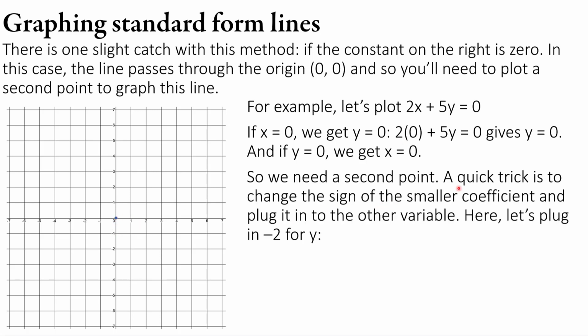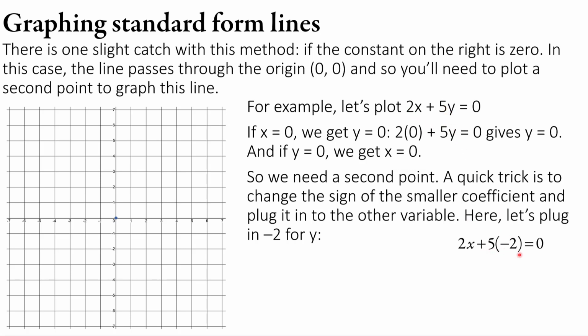A quick trick, it's not critical that you use this trick. You can plug in any other number you want besides 0 to get a second point on this line. But a quick trick is take the smaller coefficient, change its sign, and put it over here. So I'm going to take this 2, put minus 2 here, and you'll see that works out quite nicely.